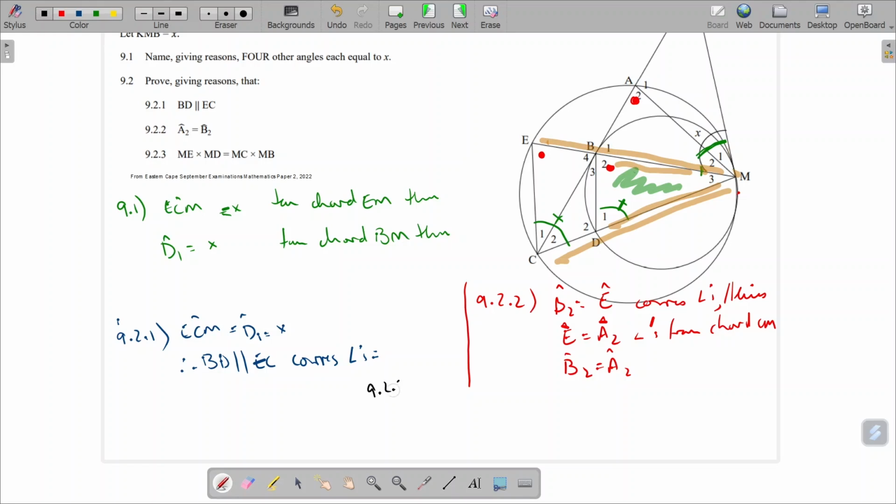In triangle MEC and triangle MBD, ECM equals D1, proven above.